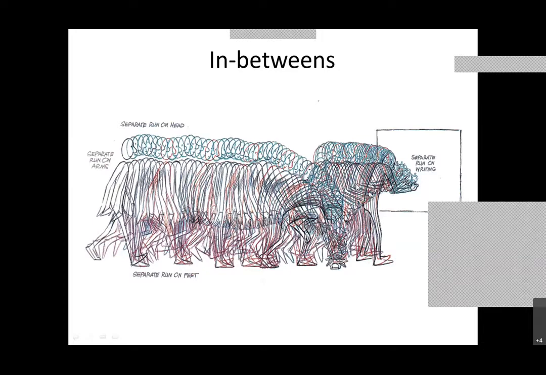Then we just copy and paste the key poses along at intervals of 10, and the software fills in between the 2 key poses. So with cutout animation, filling in the in-betweens is much easier. But if we were to do this traditionally or digitally, it would take a whole lot of work getting these in-betweens in.